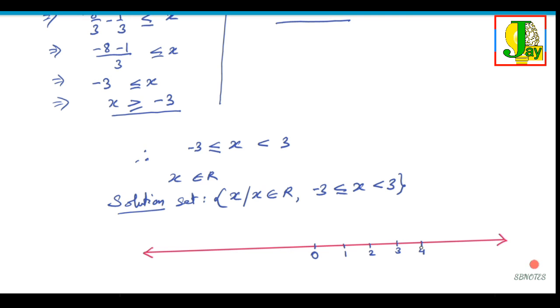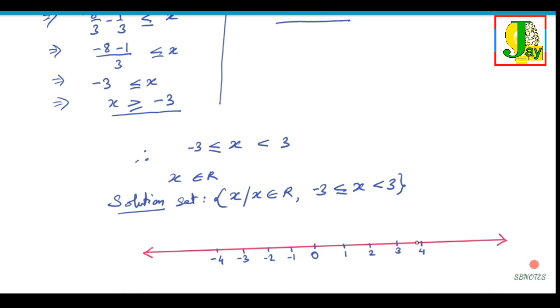Let's take one more number, minus 4, and then minus 1, minus 2. It's very important you keep the distance equal. So now we take all the real numbers in between 3 and minus 3.